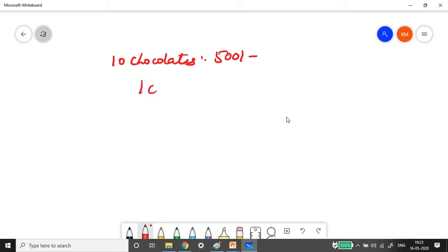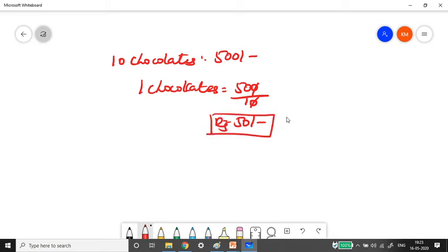It is easy, right? One chocolate is equal to 500 divided by 10. So the rate of one chocolate is 50 rupees. It is Indian rupees. This way we are finding the rate of one chocolate.